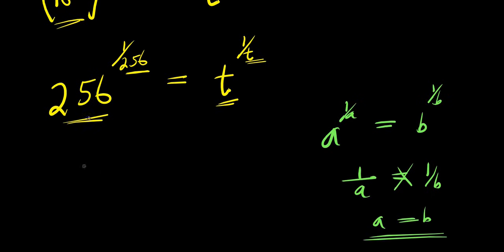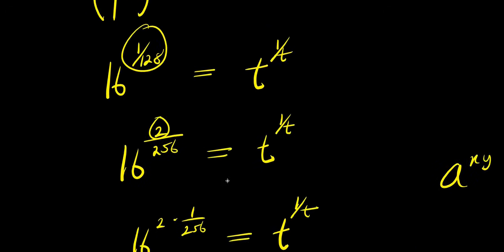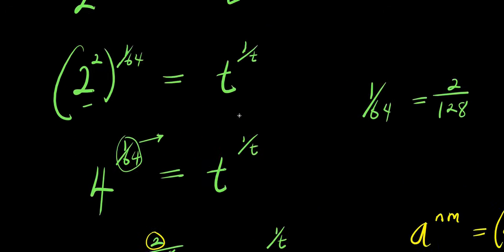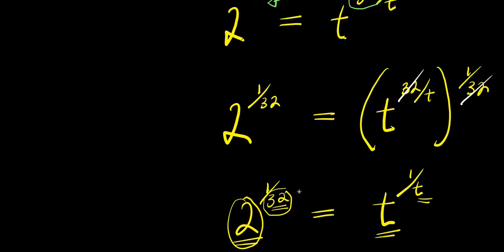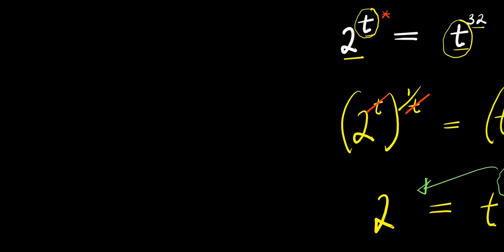So we have 1 over 256 equals 1 over t. T times 1, that is t, equals 256 times 1, that is 256. So t equals 256. That's our solution.